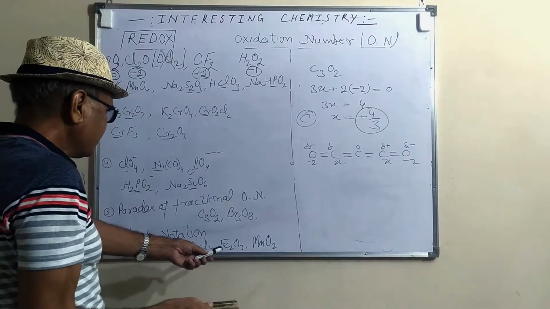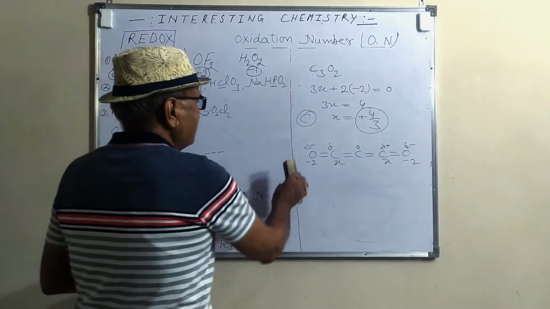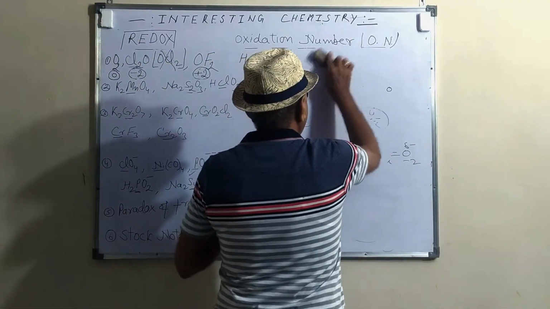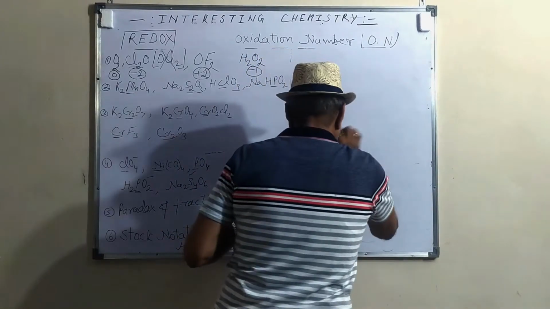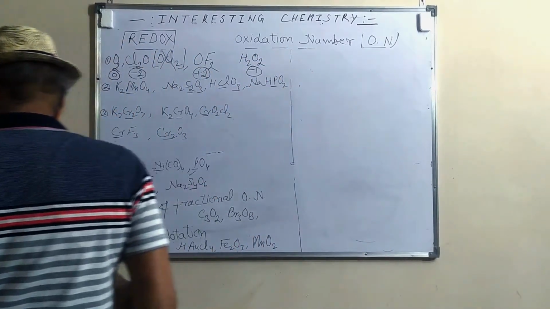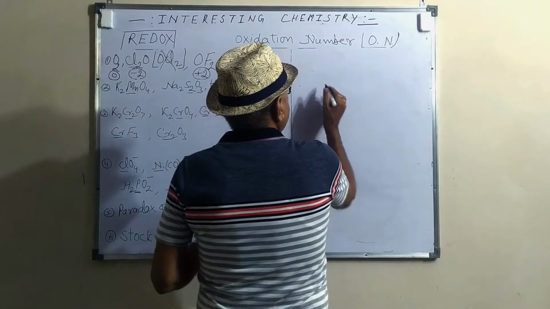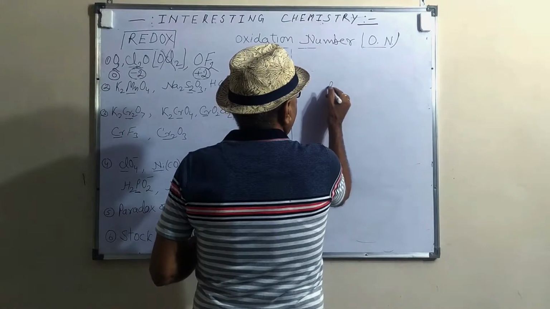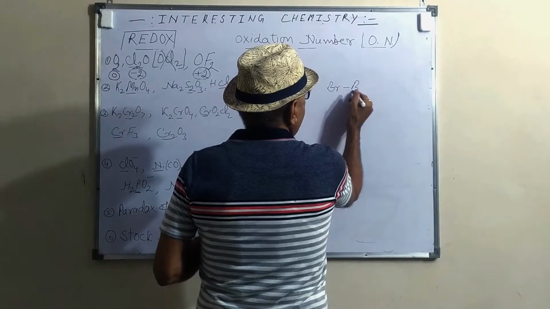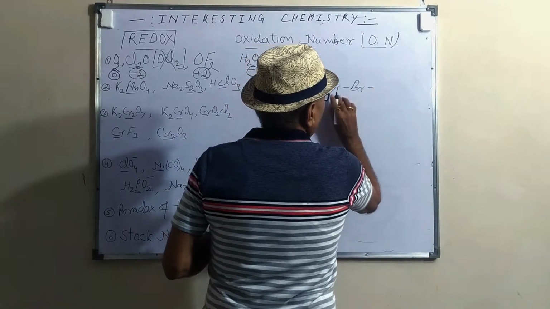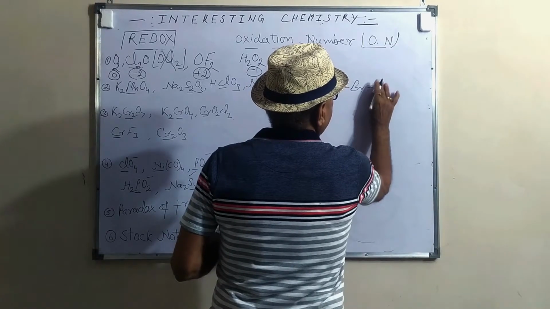Now come to the structure of Br3O8. What is the structure of Br3O8? There are 3 bromine atoms, all bonded with single bonds like this.